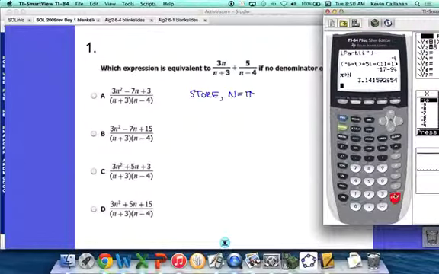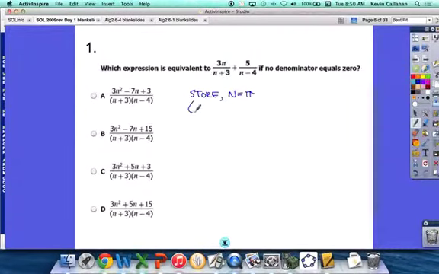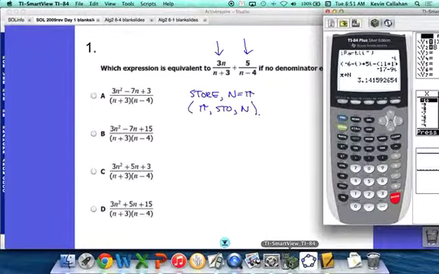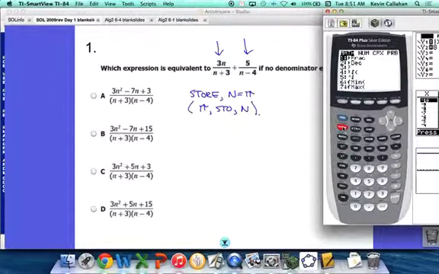Okay, so let's see, store n equals pi. Right, how do we enter things in the calculator as a fraction? Yeah, so we're going to use alpha y equals, alpha, that's wrong, alpha, clear.